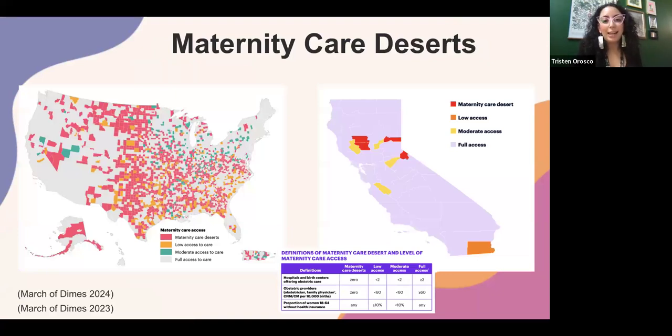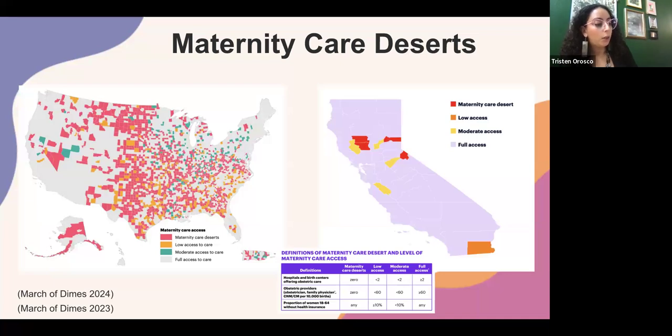So maternity care deserts are another crisis that we're facing within the United States. The definition of a maternity care desert is an area without a single birthing facility or obstetric clinician. They defined obstetric clinician as a doctor or a certified nurse midwife. 35% of US counties are maternity care deserts.